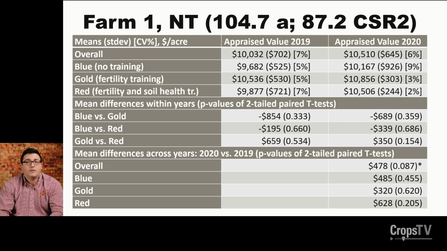So it has a high productivity index associated with it, an average productivity index, which is pretty high. And the overall value across the 9 appraisers was $10,032 in 2019 and $10,510 in 2020.